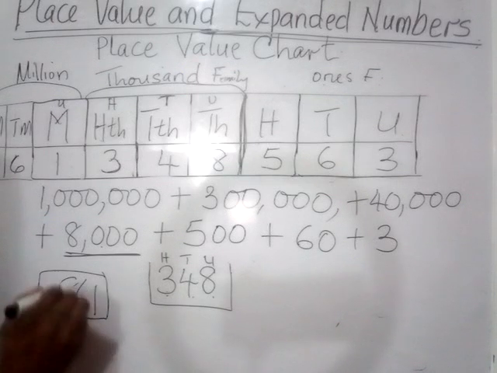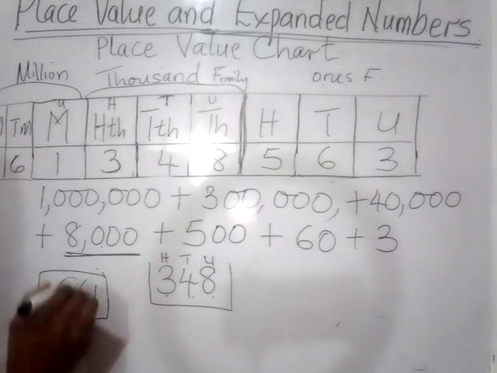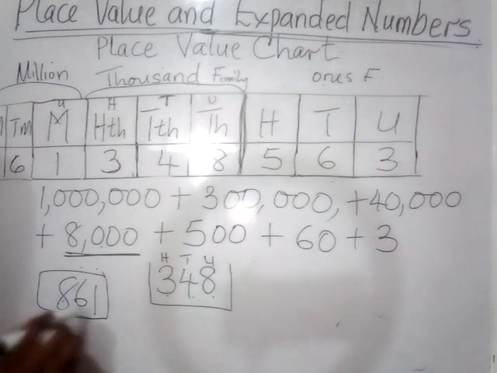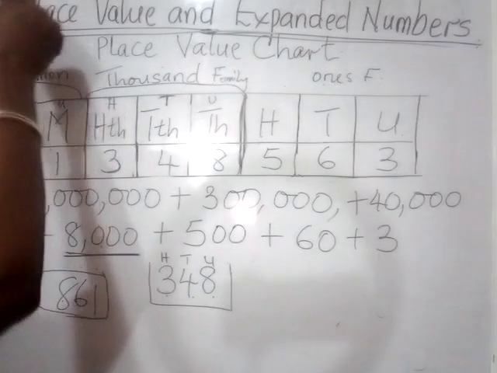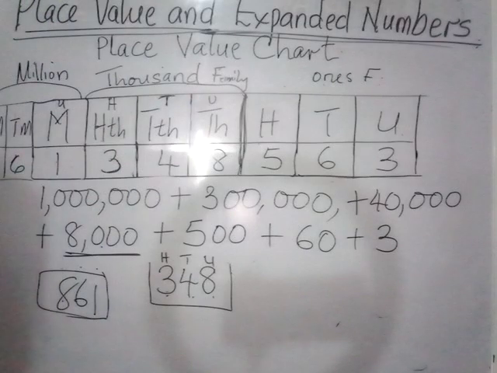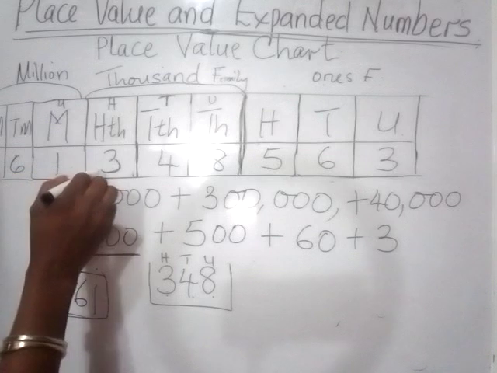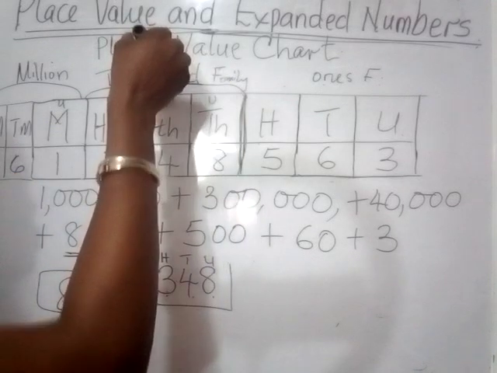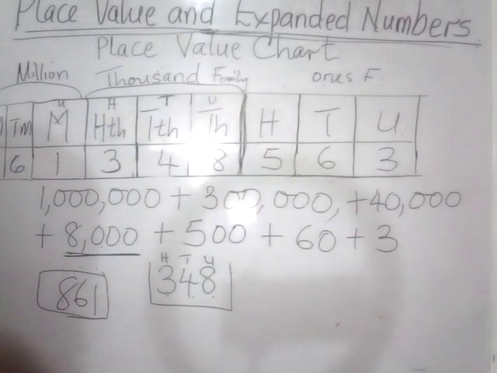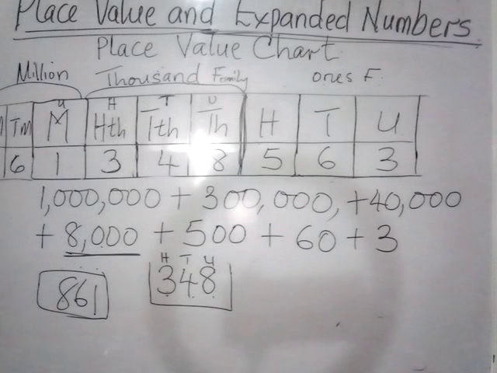They will tell you it's 861, because it's in the position of units, tens, and hundreds. So they will say 861, then call the family name. So you find it is 861,348,563. It makes it a lot easier for them to pronounce.